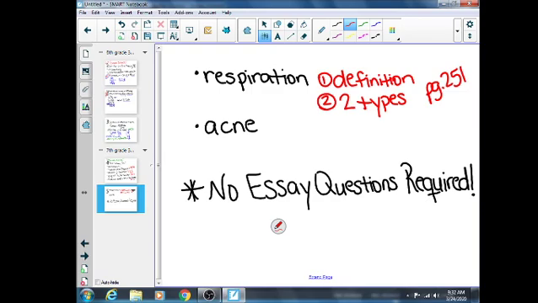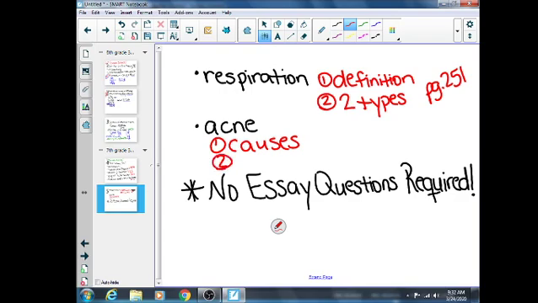And last but not least, you also need to know quite a bit about acne. Number one, you need to know what causes it. What causes acne? And next, you need to know how it develops. So once it's caused, how does it develop?